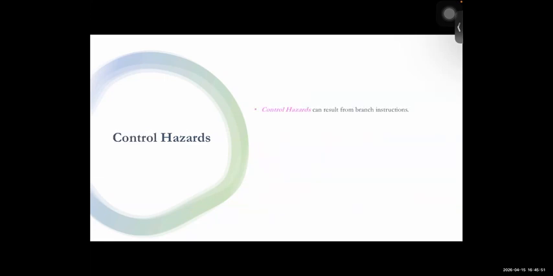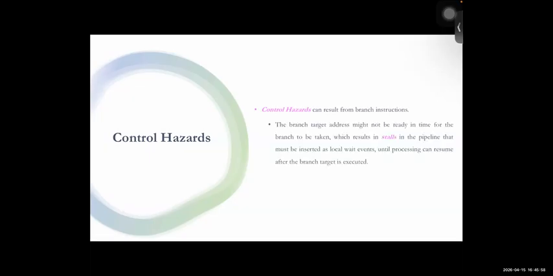The third one is the control hazards. The branch target will be computed in the execution stage, and the result will come at the end of the execution stage. So from the instruction fetching stage, instruction decode stage, and instruction execution stage, whether that branch instruction will be taken or not taken in the future is unknown.